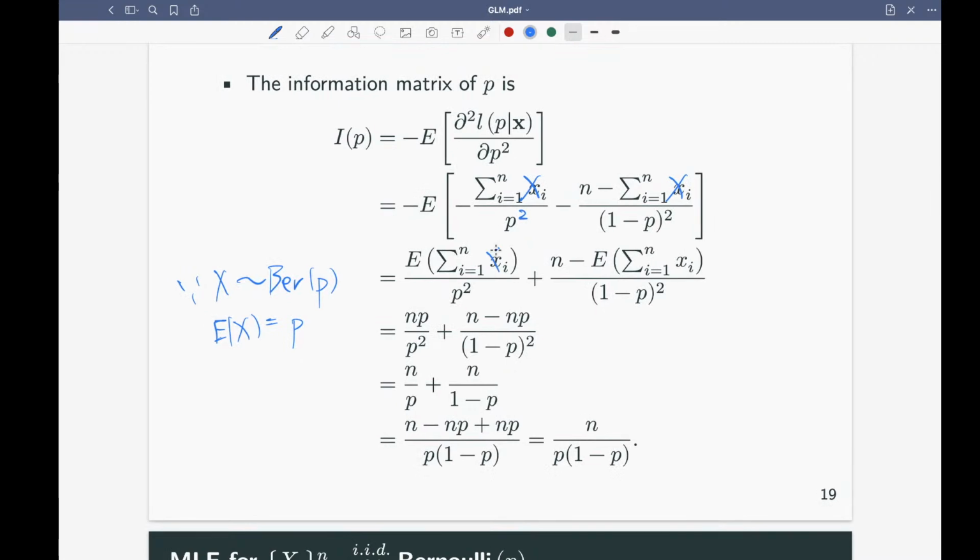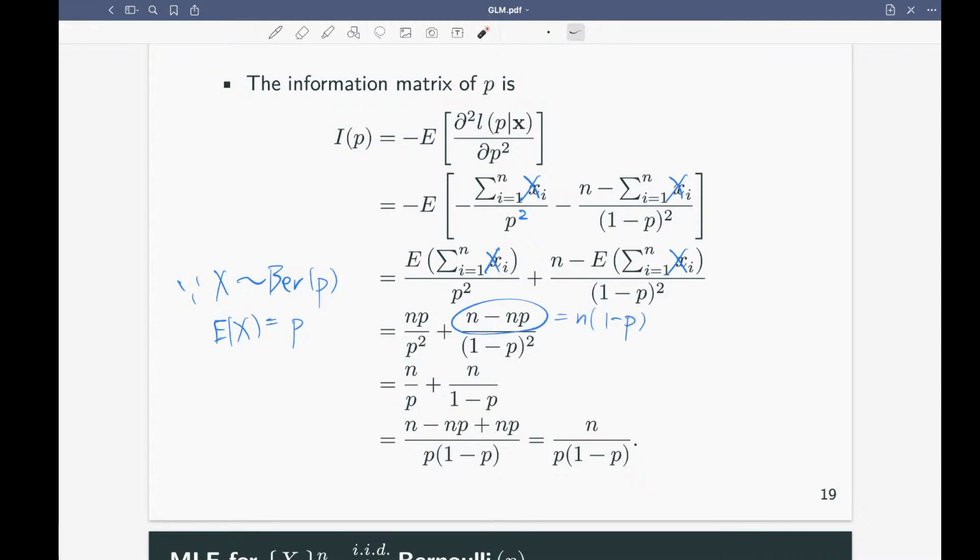Okay, so I should transform it. Here we can find this term, np divided by p square, and minus np divided by 1 minus p, we have the square. And you can find here p and p gives the result n divided by p, and here is equal to n times 1 minus p.